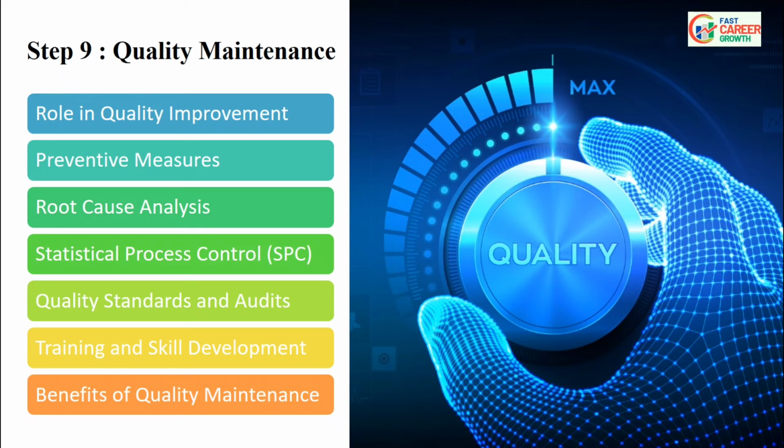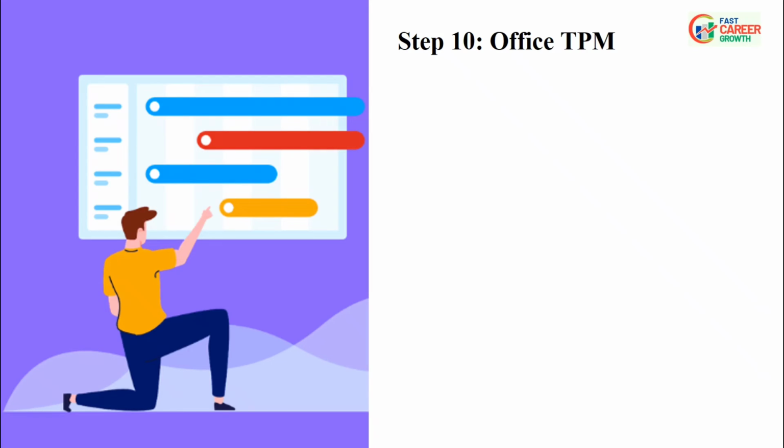Next is Step 10. Office TPM. Office TPM, or Total Productive Maintenance for the Office, extends the principles of TPM into administrative and office environments. It's about optimizing office processes, reducing waste, and enhancing the quality of our office operations.